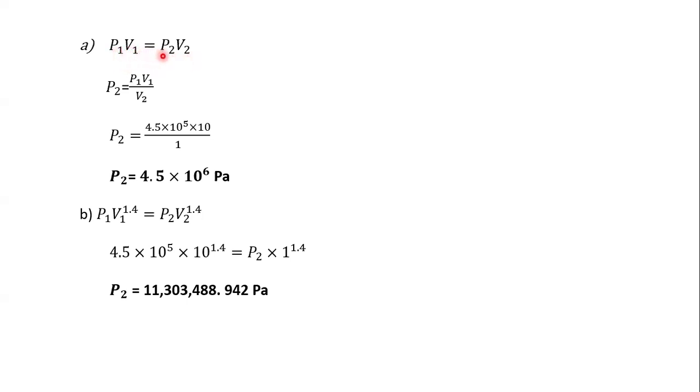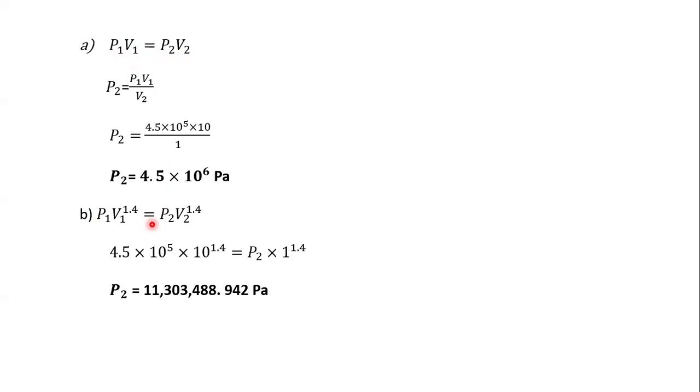P1 V1 equals P2 V2. The same thing here. In the question, it was written PV power 1.4 equals constant. So we expand it. P1 V1 power 1.4 equals P2 V2 power 1.4.